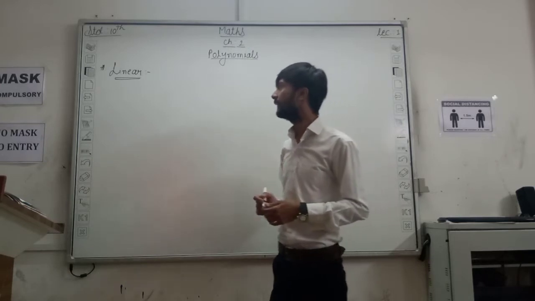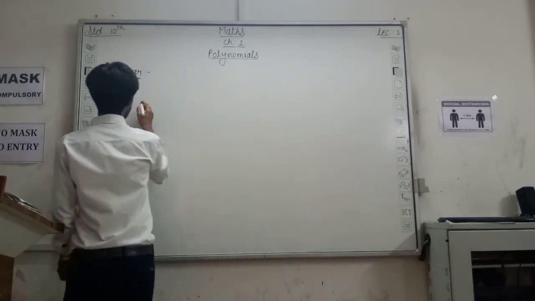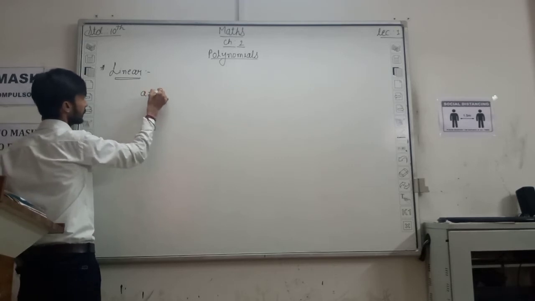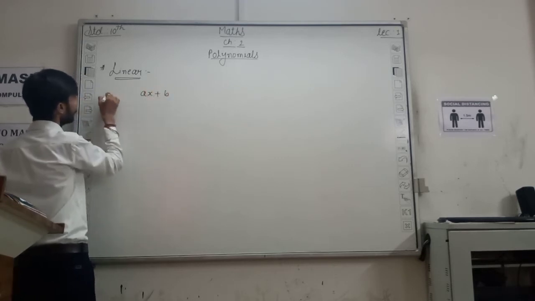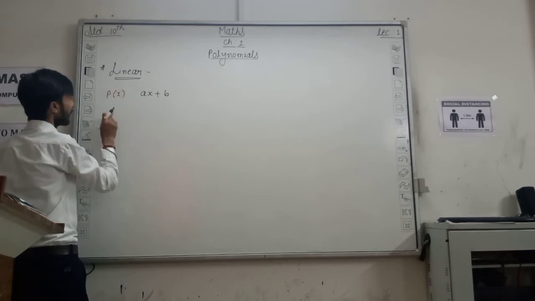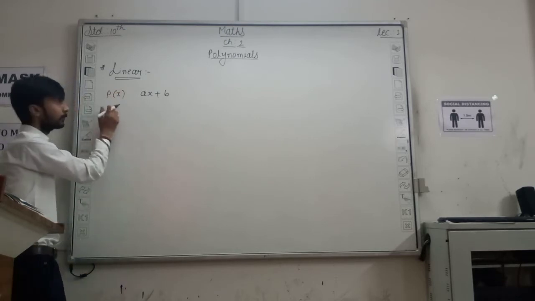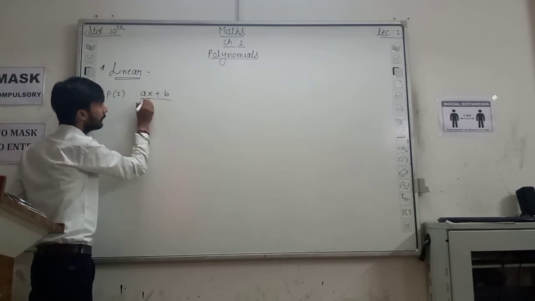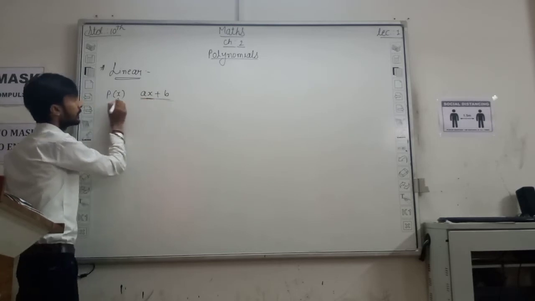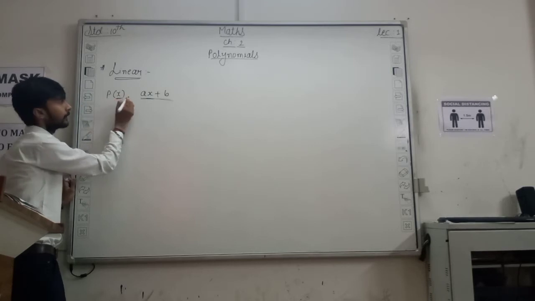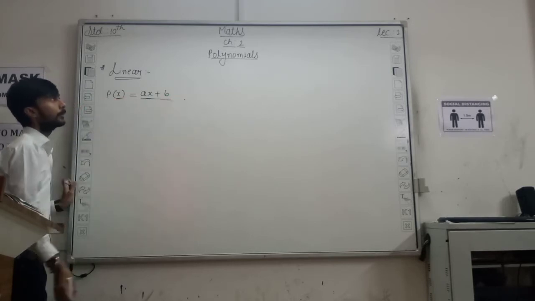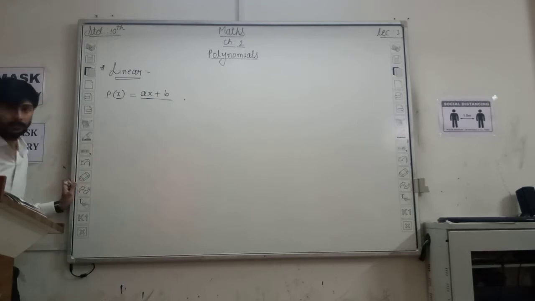So first, linear. Linear, that means a form of ax plus b, right? A polynomial which is represented by p of x, and an expression which contains the variable in this bracket, okay? So ax plus b is the general form of a linear polynomial, okay?